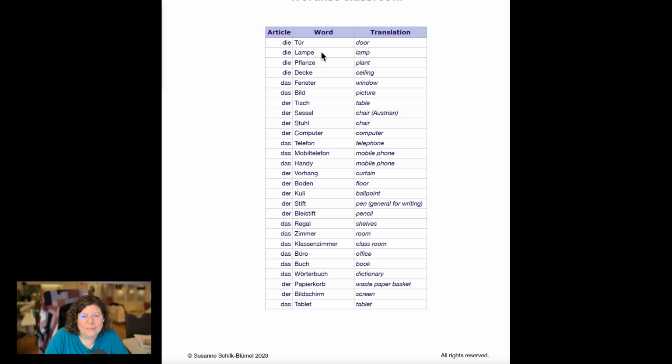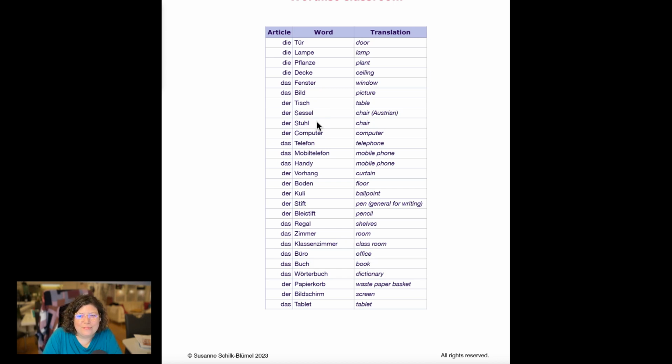Die Lampe. Die Pflanze. Die Decke. Das Fenster. Das Bild. Der Tisch. Der Sessel.